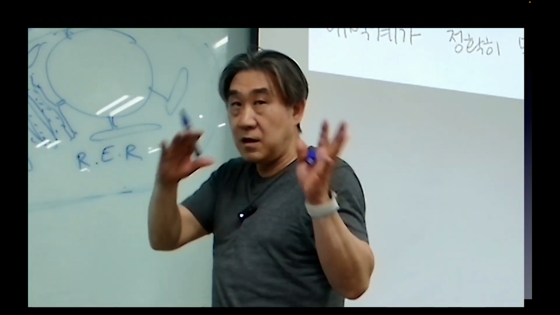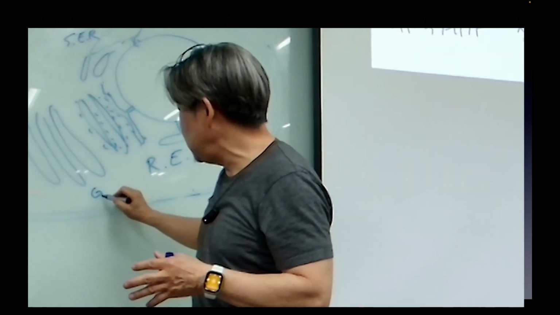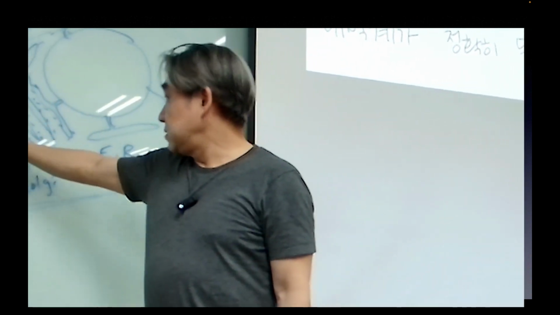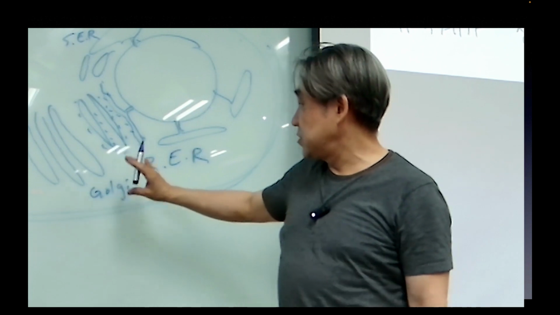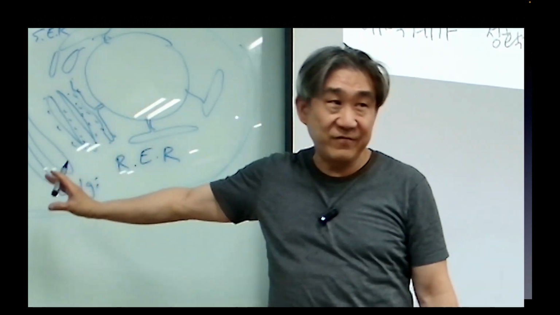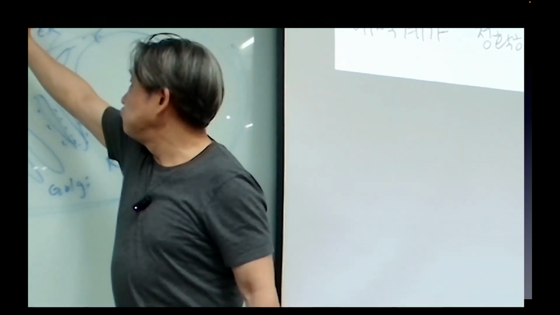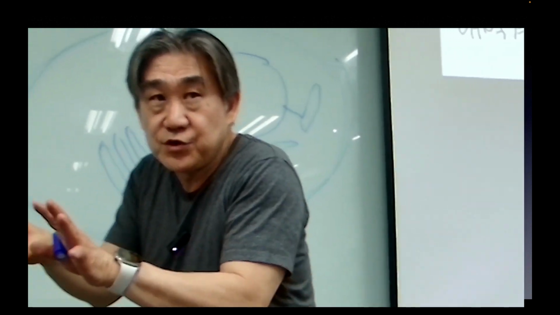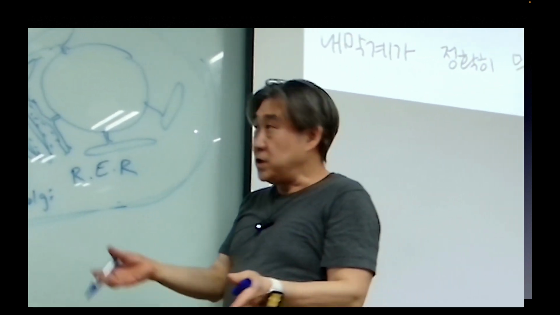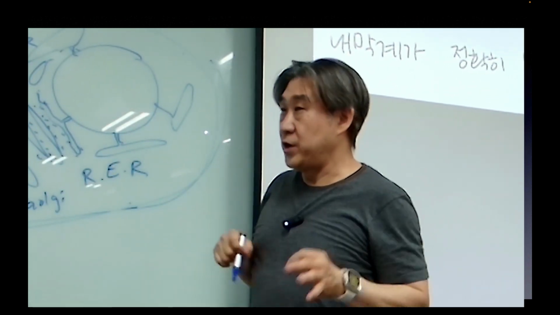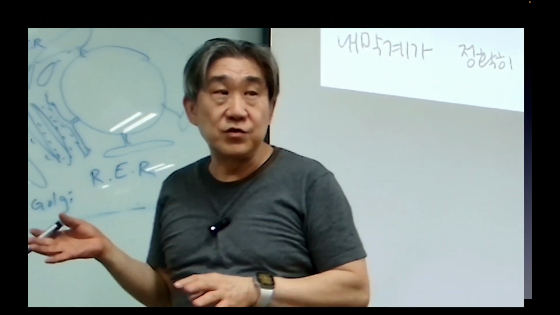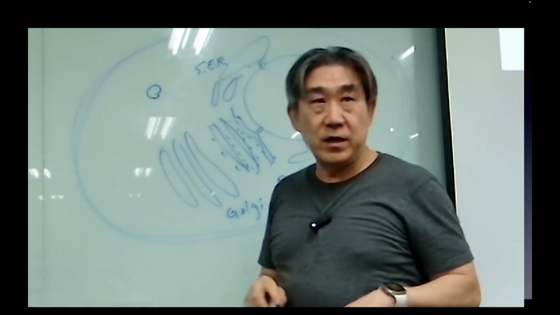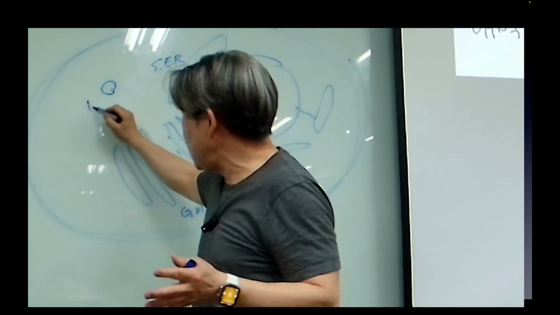A little distantly located is a stack of pancake-like Golgi, and we think that even these different functioning Golgis are also derived from the invagination, the pushing inside, the folding of the cell plasma membrane during the course of evolution, and some isolated small structures called lysosomes.